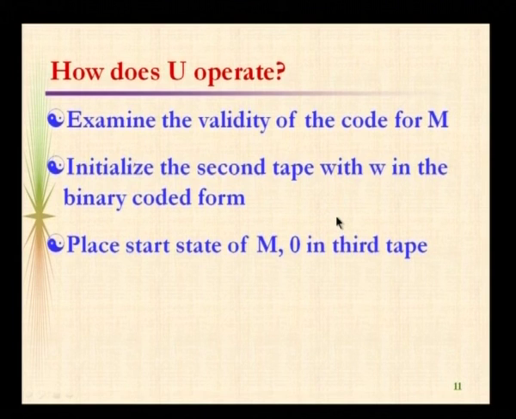Since it is the very first state available in the list of states, we will represent it in the unary form with the help of 1 0 on the tape. So now we have the start state, and then we have to find the input, which is already available in binary coded form. So the inputs required for the simulation of M are now available both in the second tape as well as in the third tape.